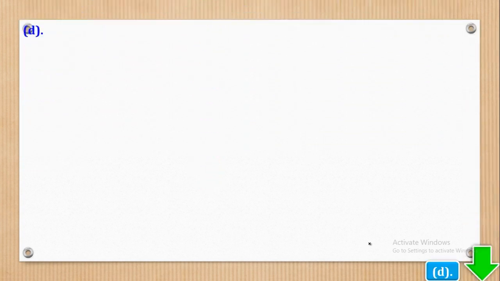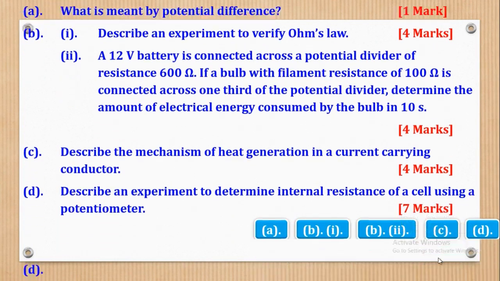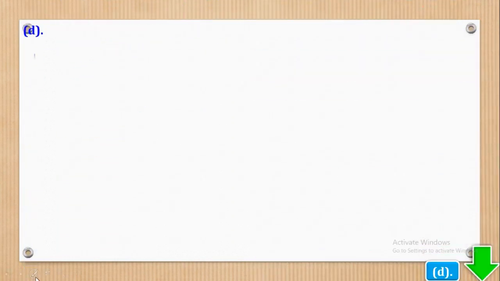So now we shall go to part D. Part D says, describe an experiment to determine the internal resistance of a cell using a potentiometer. So we shall need a circuit diagram.